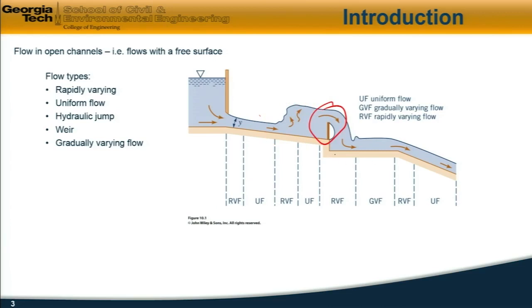We may have flow along a horizontal boundary, in which case the flow will always be gradually varying. Following a change in slope, we can have another period of rapidly varying flow until eventually again, far downstream, we get to uniform flow again. For this segment, the main interest will be in predicting uniform flow, but we will also look somewhat at hydraulic jumps and flow over sluice gates or weirs.